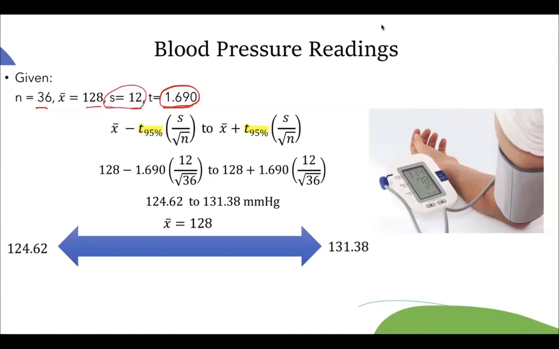So putting this in a visual, the arrow here we have in the center 128. We have the low end of the confidence interval and the high end of the confidence interval.